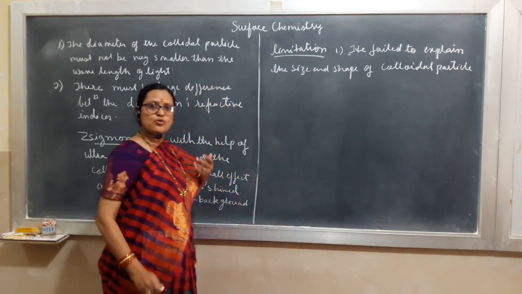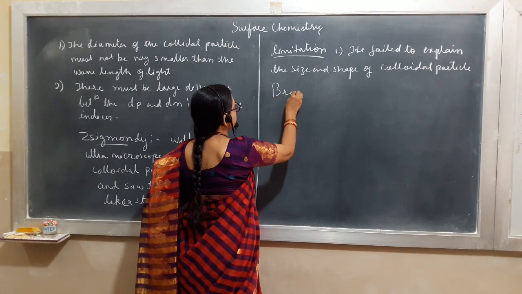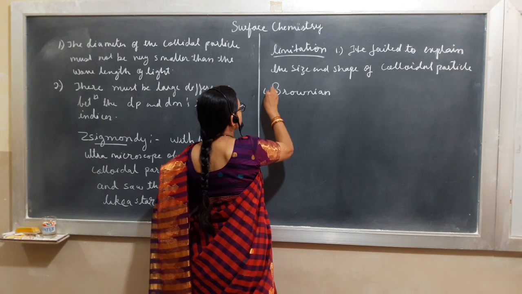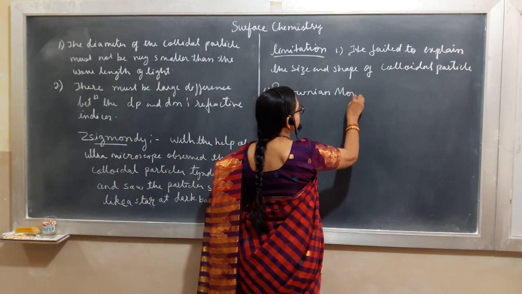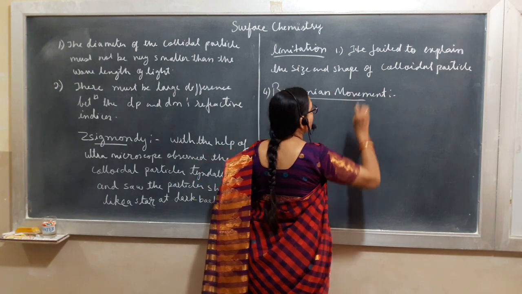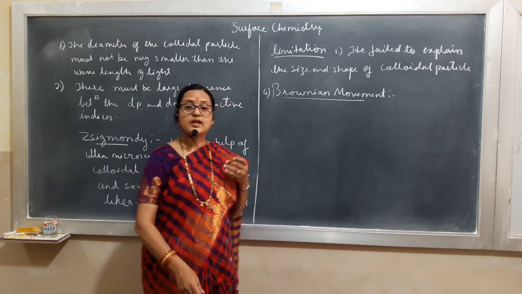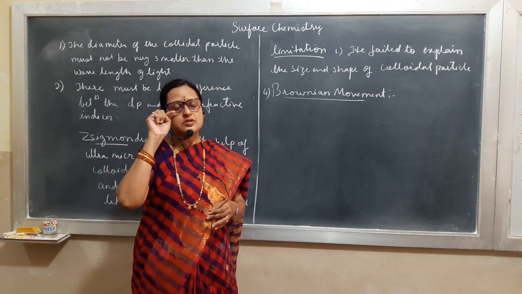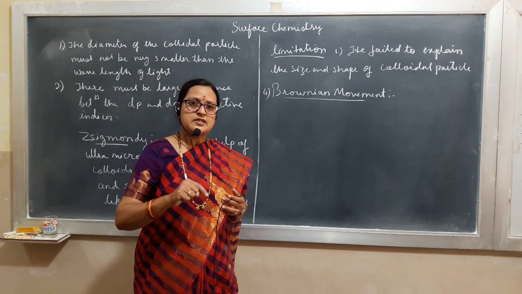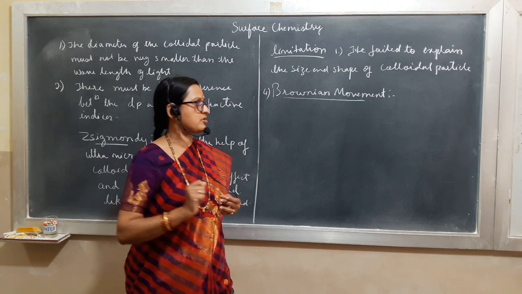After these three, we are going to move on to the next property called Brownian movement. What happens here is there is continuous bombardment of colloidal particles from the dispersion medium. Because of this, the solution is getting stirred, and due to this stirring, the particles are moving in zigzag motion.